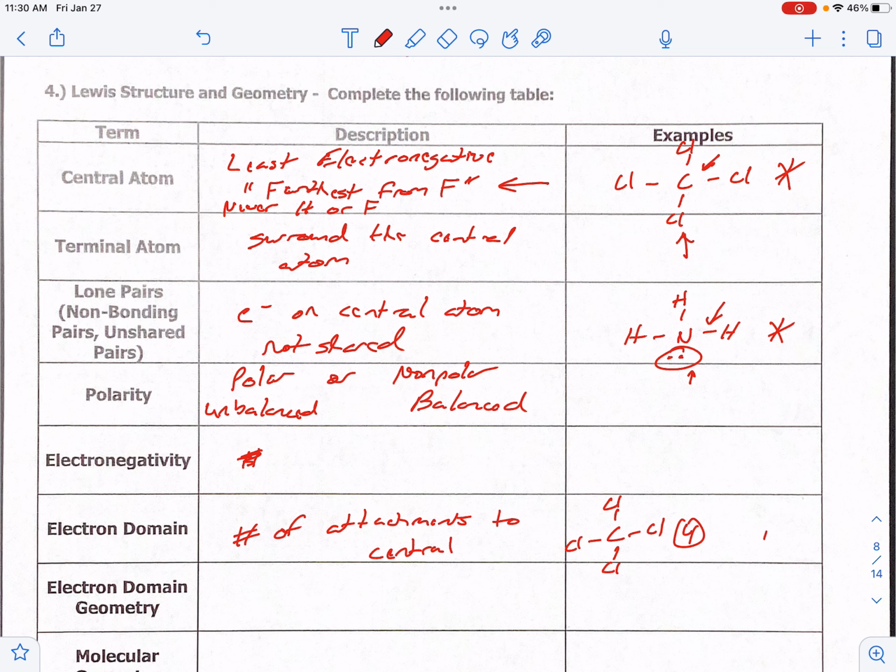Now if I go back to the other example, NH3, when I draw these, I like to circle these leftover pairs because it helps me remember they're there. Lone pairs on the central atom do count as attachments, so this one would also be 4. You cannot forget that lone pairs count as an attachment.